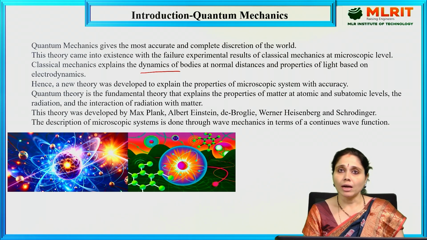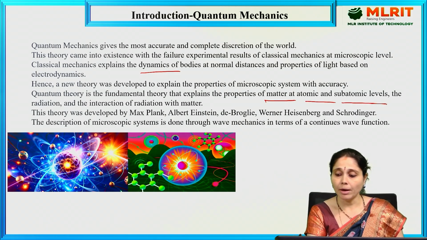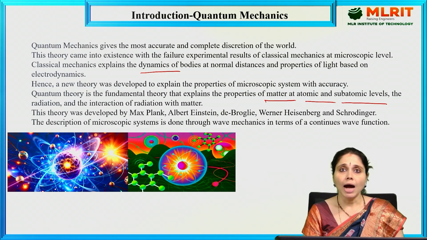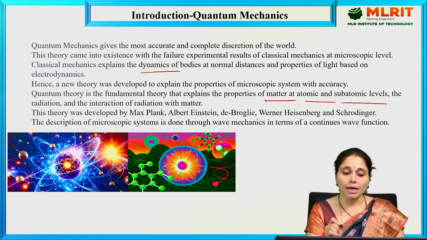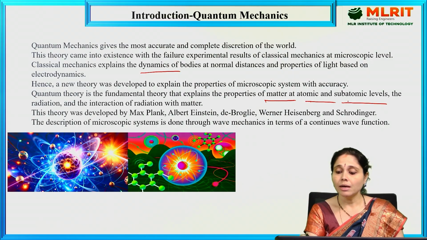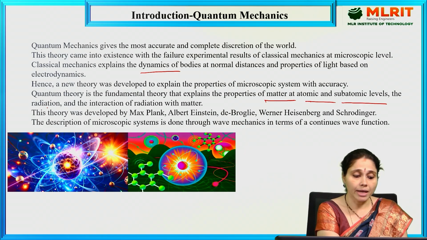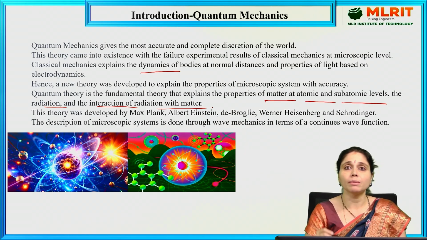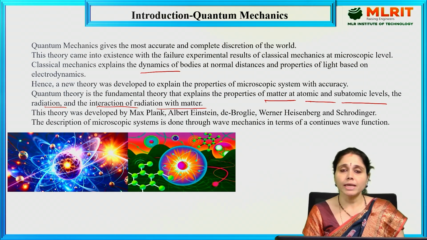Quantum theory is the fundamental theory that explains the properties of matter at atomic and subatomic levels, the radiation, and the interaction of radiation with matter. This theory was developed by Max Planck, Albert Einstein, de Broglie, Werner Heisenberg and Schrödinger.